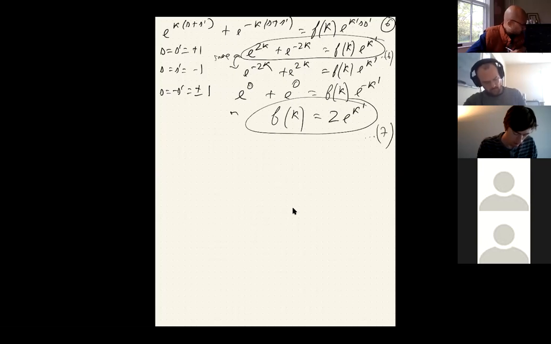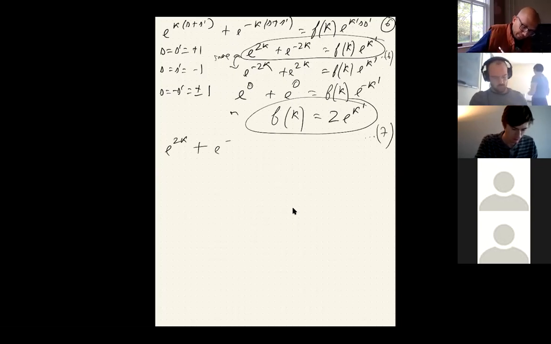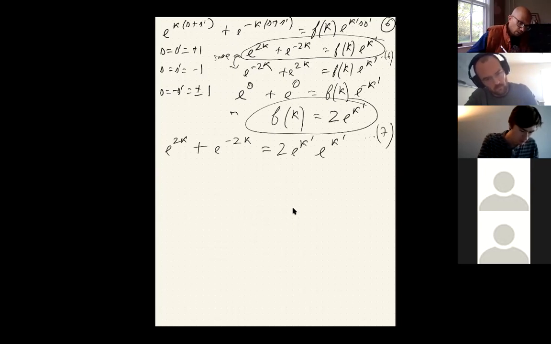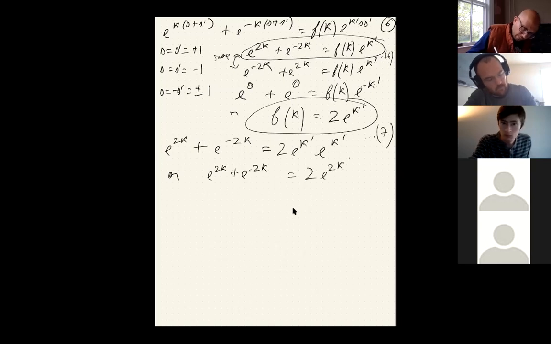And now you can solve it. It's really trivial. This means that e to the power 2k plus e to the power minus 2k is equal to 2 e to the power k prime multiplied by e to the power k prime, or e to the power 2k plus e to the power minus 2k is equal to 2 e to the power 2k prime, or this has a well-known name.